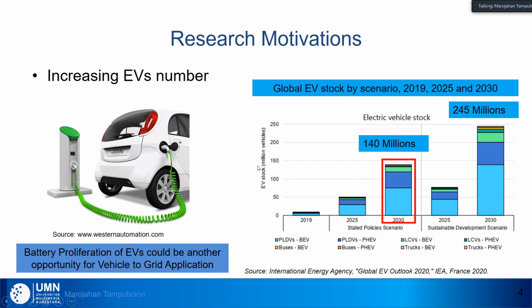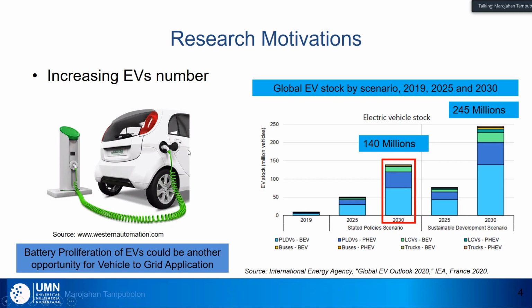Because of the increasing number of EVs, battery proliferation will also increase in society. Due to this increase of EVs, we actually have another problem, because sometimes it will create a power surge, and it will disturb the power system.